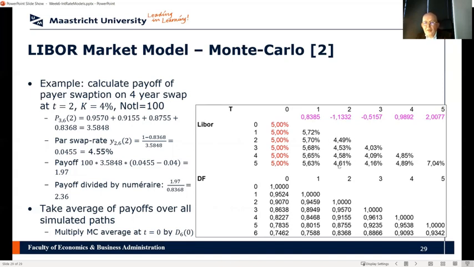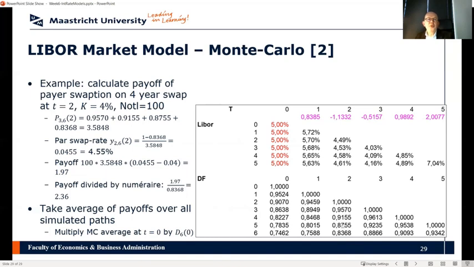So then I have only 4 LIBOR rates left, which are still alive and looking into the future. And with these 4 LIBOR rates that are left, I can compute these 5 discount factors looking forward from time 2 to time 3, time 4, time 5, time 6.